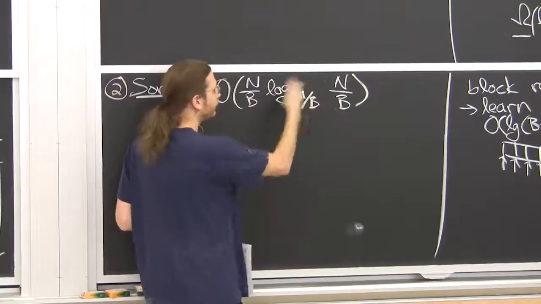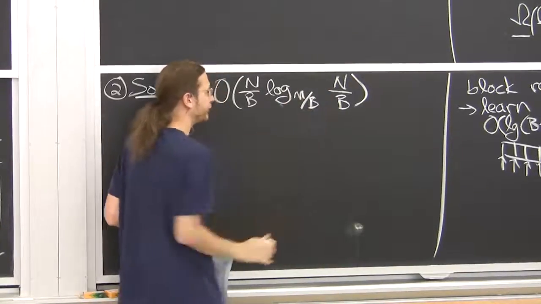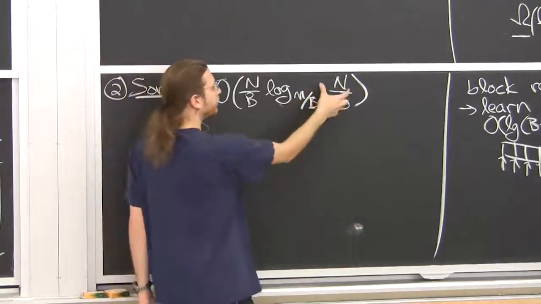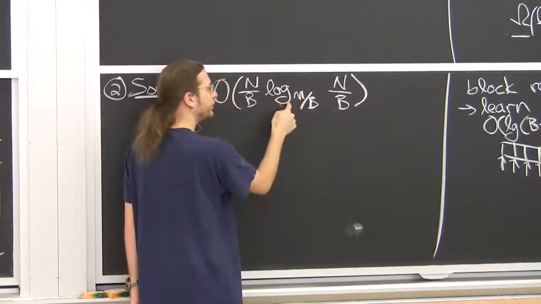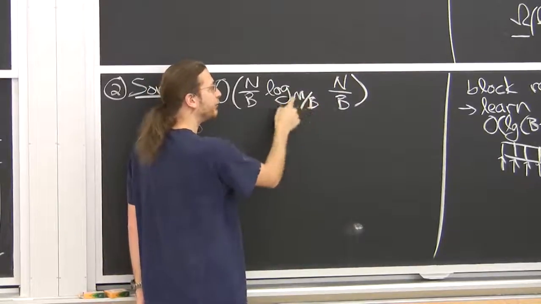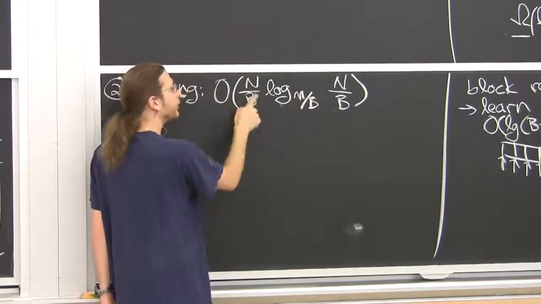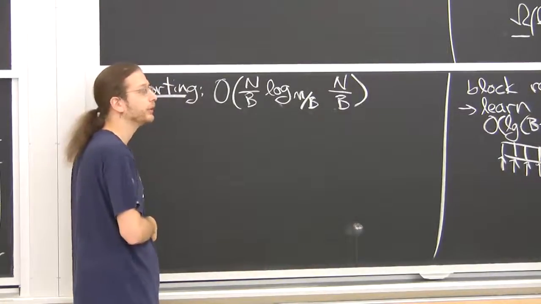So this is roughly log base m of n. The over b's don't make too big a difference. So this is an improvement from, normally sorting takes n log n, but the base 2. We're improving the base of the log to m over b instead of 2. And we're improving the overall running time by a factor of b. So this is actually a really big improvement.